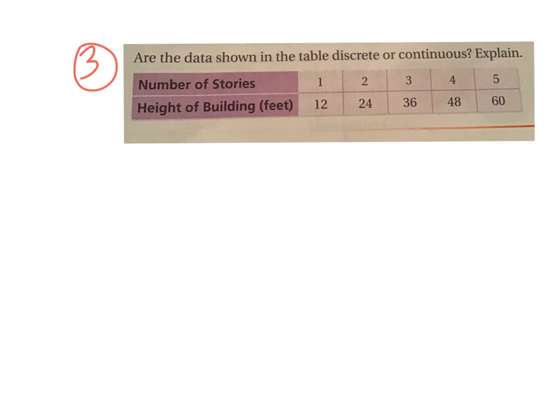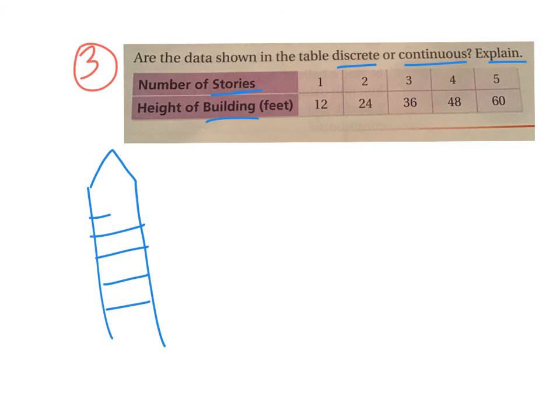Are the data shown in the table discrete or continuous? So we're answering whether this is discrete or continuous, and then tell me why. So we have the number of stories, 1, 2, 3, 4, 5, and the height of a building. So this isn't like book stories. This is stories in a building. So like if I have the Empire State Building, each level is a story. Okay, and there's 5 stories of this building.